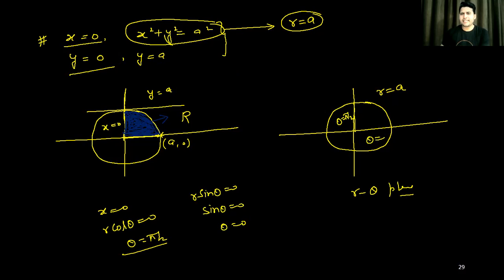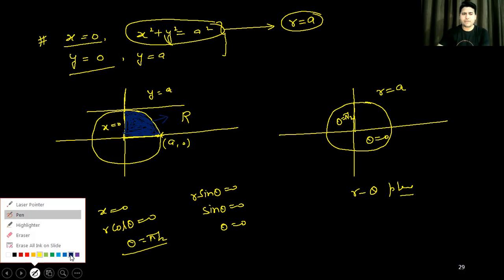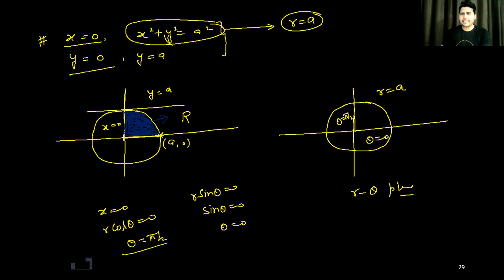This is the line theta equals 0. So now we can see what the required region is. Once again, this is the required region in the r-theta plane.